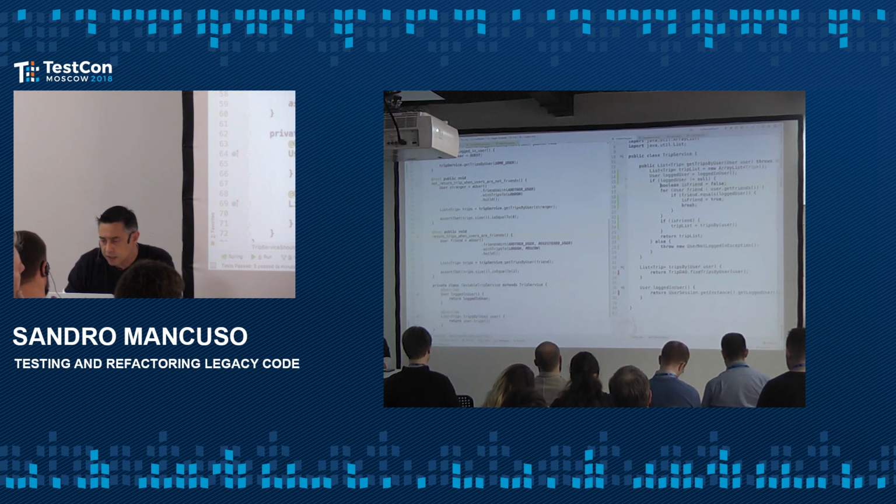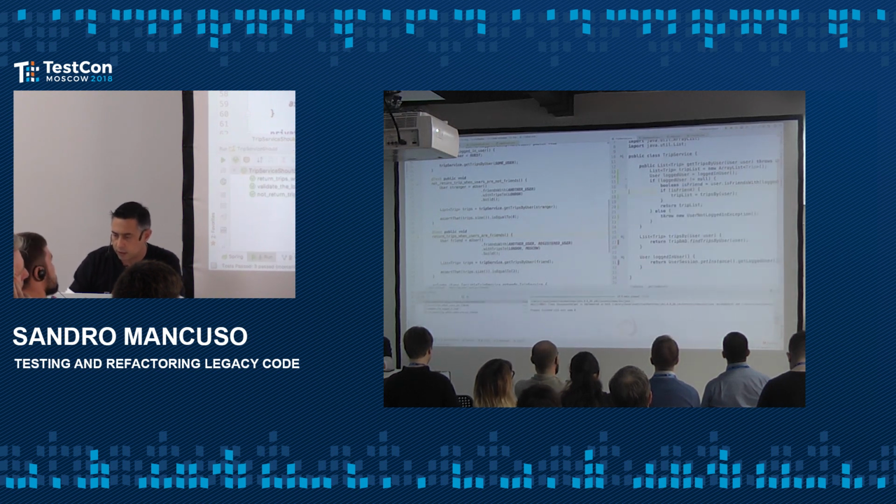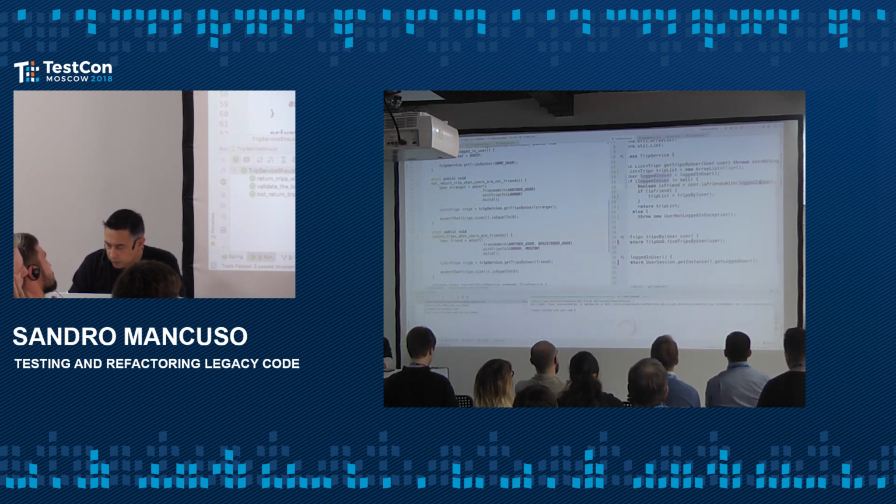So now, for example, instead of using the for loop to set the flag, I can ask user is friends with the logged user. And then, if I run the test again, it dies. So logged user could be logged in user, because that's a different thing.